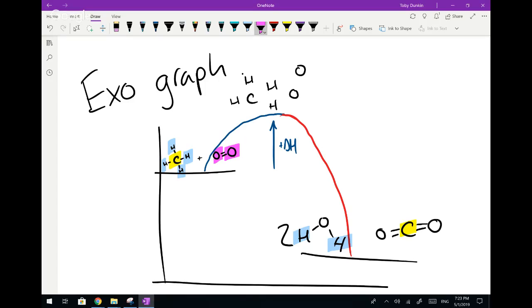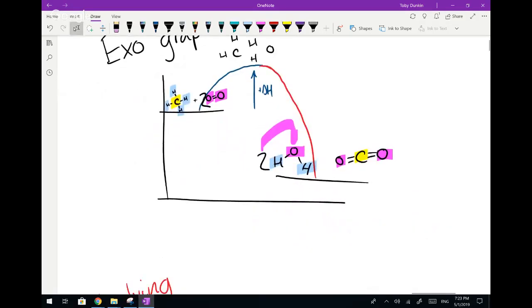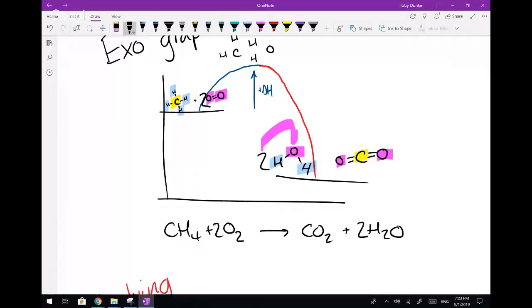I've got 2 oxygens over here, and I have got 2 there, 4 in total. So I'm going to need to balance that as well with a 2 in front of the oxygen there. And it's nice to see my balanced equation of CH4 plus O2 going to carbon dioxide, the complete combustion of methane.